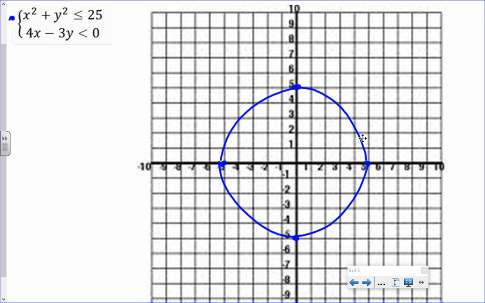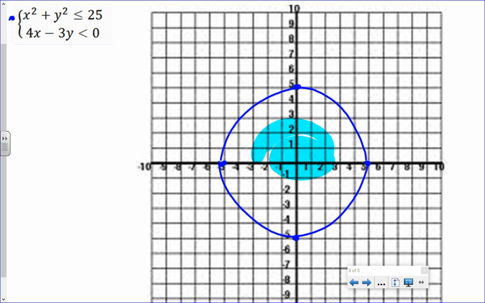For example, 0, 0, an easy point to pick. Plug in, right? As long as 0, 0 is not on your graph, you can plug it in. So 0 squared plus 0 squared, is that less than or equal to 25? Yes, it is.